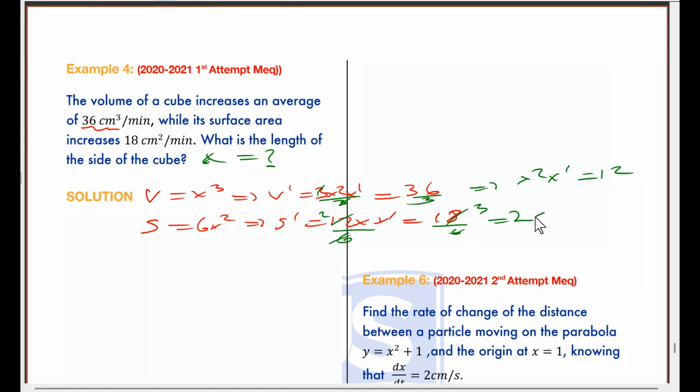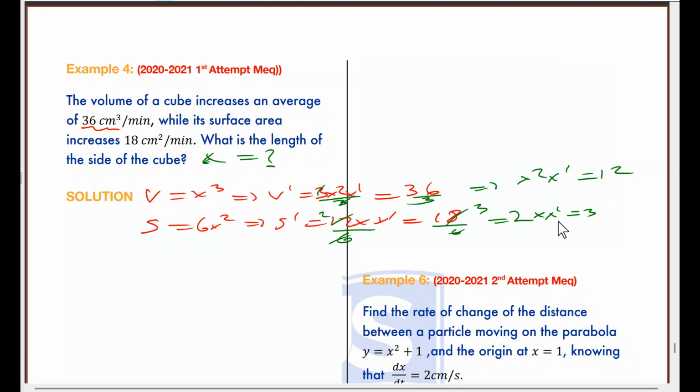So 2x x prime equals 3. So what do I know here? I know x squared x prime being equal to 12. What do I have here? I have 2x x prime equals 3. So can't I isolate x prime from one of them? I actually can. Let's isolate x prime from one of them and substitute whatever we have back.